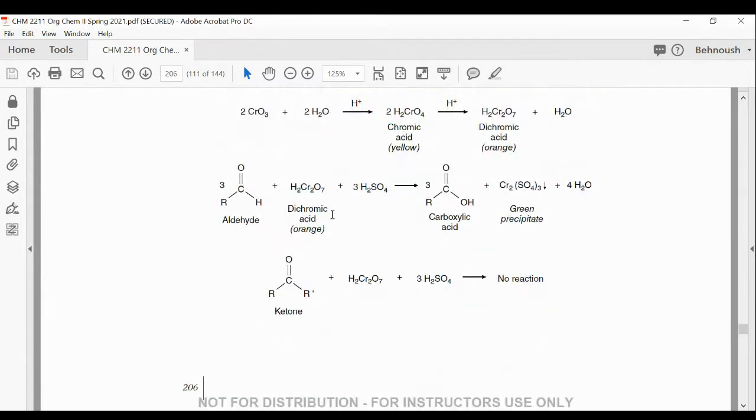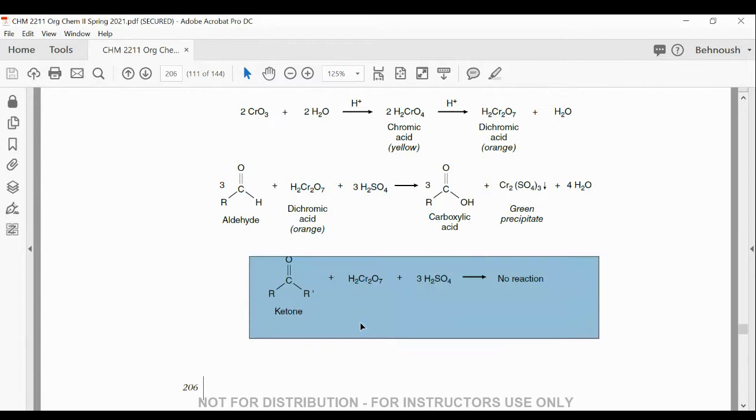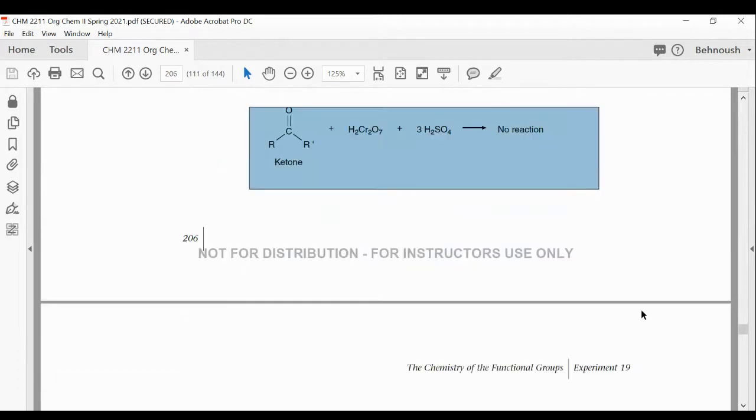Now that you know it's an aldehyde or ketone, when you mix it with chromic acid, if it does react, meaning the orange color of the dichromate goes to green color, then we know your unknown is an aldehyde. But if it does not react, that means you have a ketone, just like with Tollens reagent.